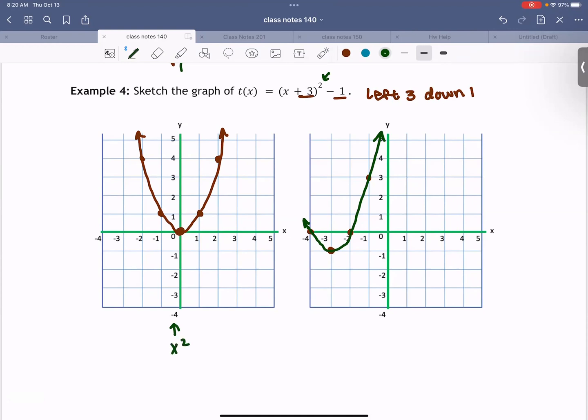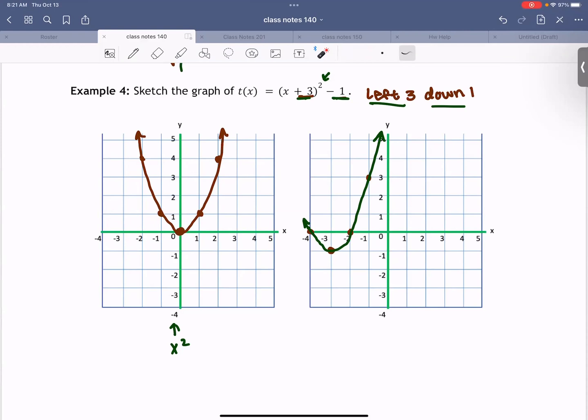Then Marissa was like, okay, I need to go left 3 and down 1. Why did you make that decision? Because you were adding 3 to x and then that 3 to the right. Subtracting. Good. And then finally, I think what Marissa did, she took all her points and shifted them left 3 and down 1 like this. And then finally connected the points in a parabola.